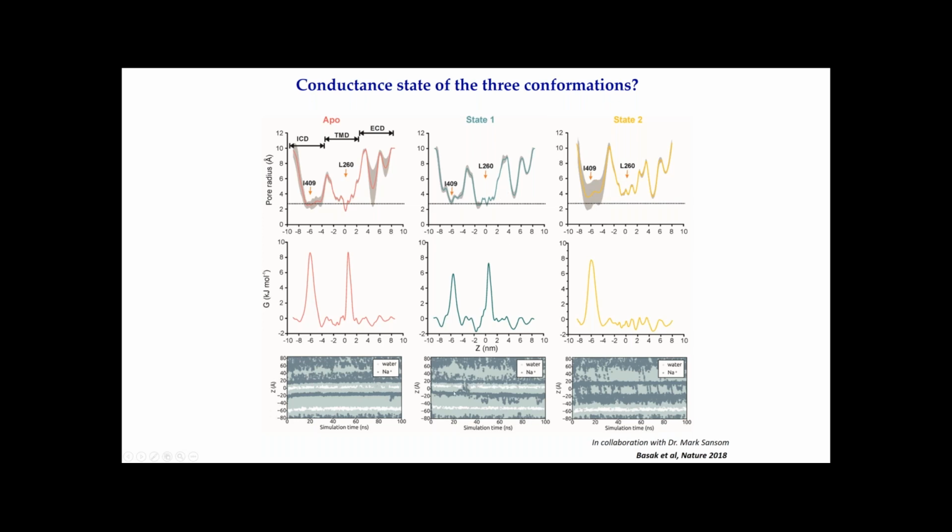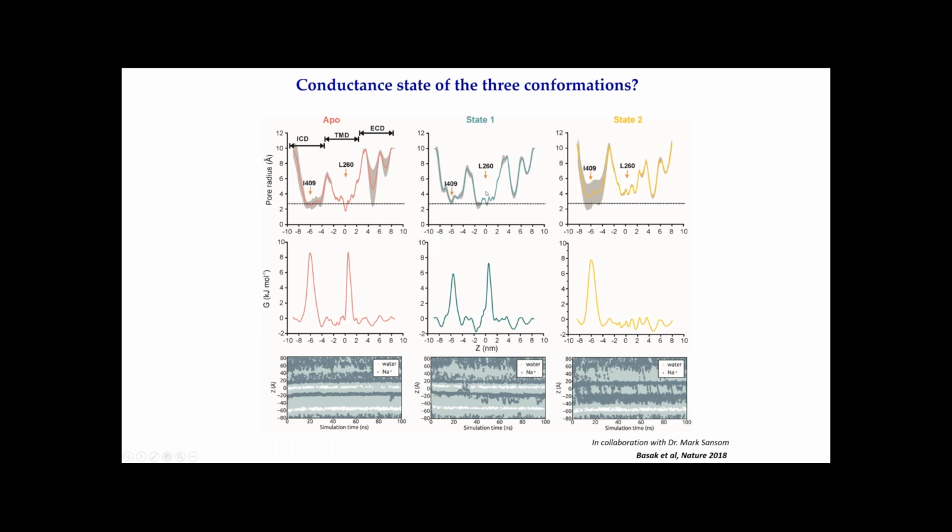State 1 represents a state which is similar to apo in the sense that there is very minimal water occupancy, but occasionally there is water moving through this position right here, and along with water you also see ions moving through. State 2, on the other hand, is quite different, and this is a completely wet pore at the level of this position, and frequent ion permeation events are observed throughout the simulation.